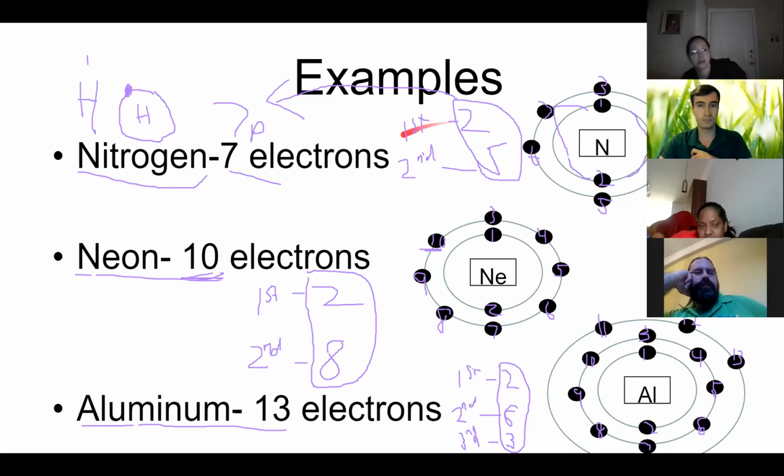All right. So now that we've done a couple more examples of the electrons and their shells, does anybody have any further questions? Anything that you're still just not quite getting about how I got to the numbers that I did?